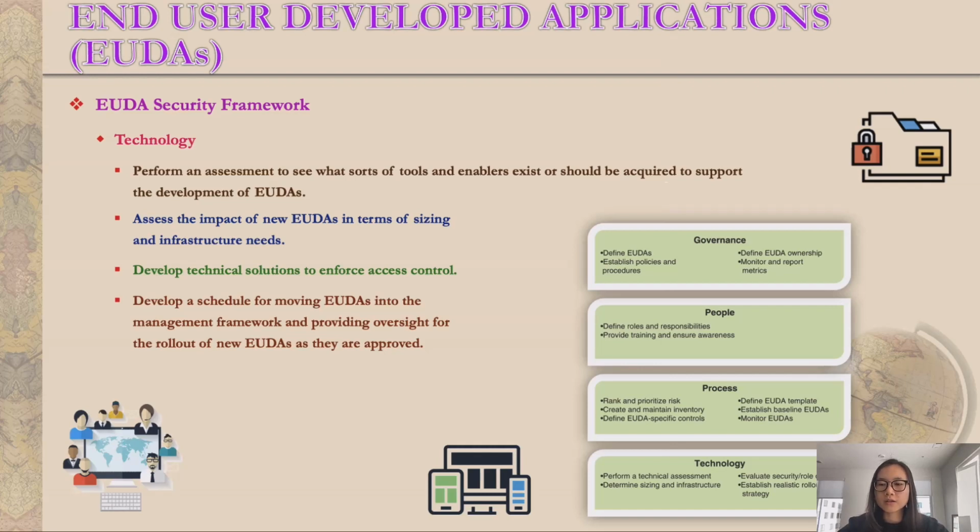In addition, the organization should develop technical solutions to enforce access control. The access control involves which users have access to use a given end-user developed application. Finally, management needs to develop a schedule for moving end-user developed applications into the management framework and providing oversight for the rollout of new applications as they are approved.